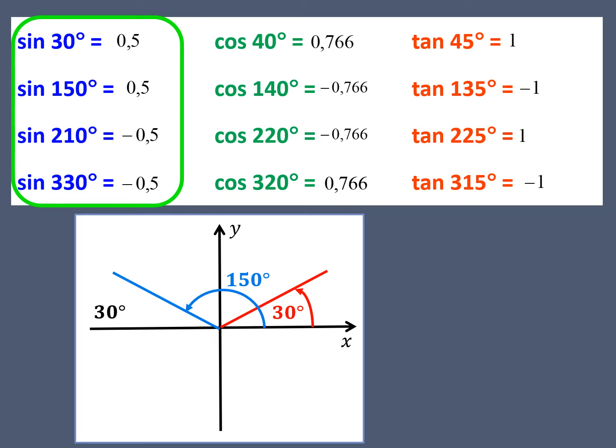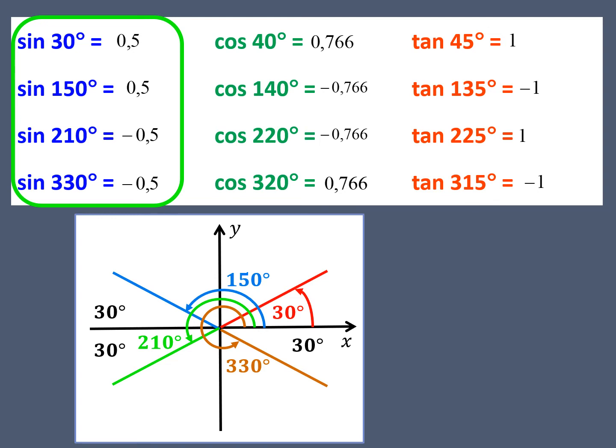If I measure an angle of 210 degrees, I'm going to go all the way around to 180, but a little bit further to get an angle of 210. But how much further? 30 degrees. And then 330 degrees, I'm going to go nearly all the way around, but I'm going to stop 30 degrees short of a full circle. So all those angles are exactly 30 degrees away from the x-axis.